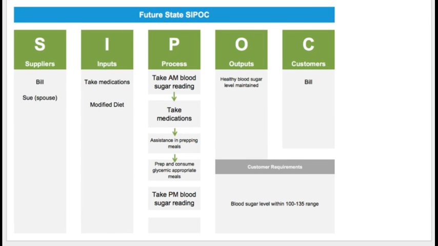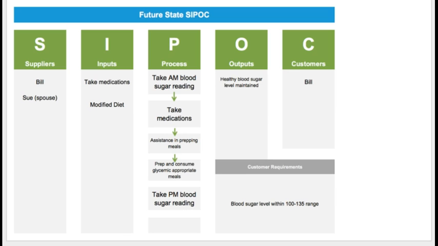So you'll see here in an at-home model, Bill and Sue, husband and wife, have medications and diet that they're trying to do in order to manage Bill's blood sugar level. Keep Bill's blood sugar level within the normal range. Why? Well, we want Bill, our customer, to survive.